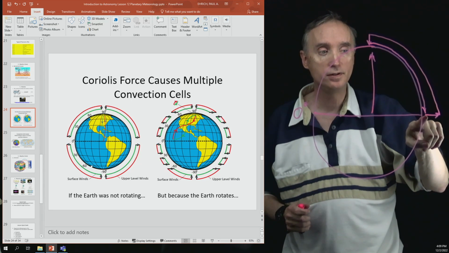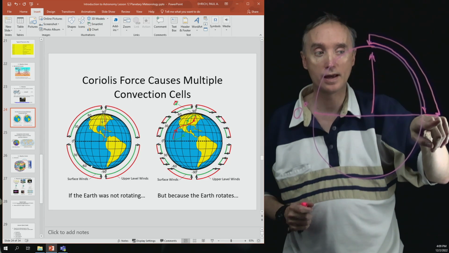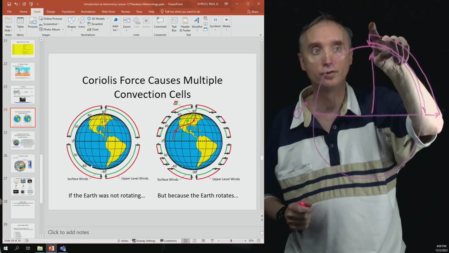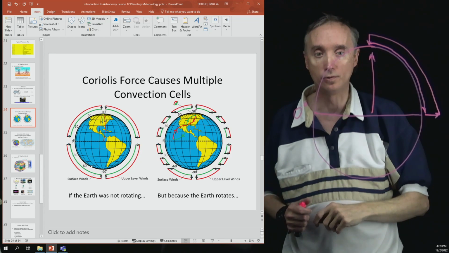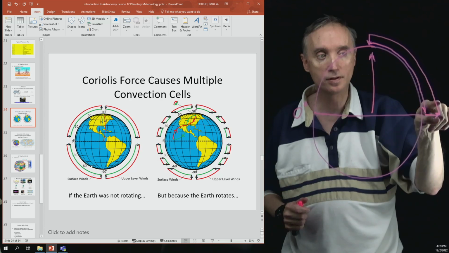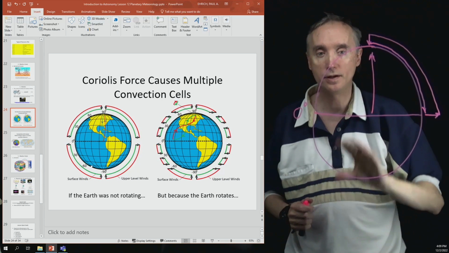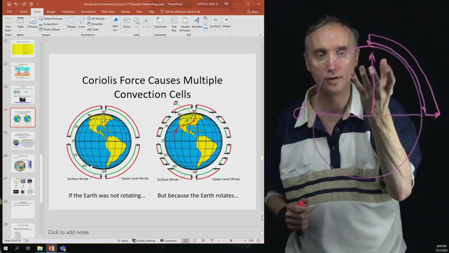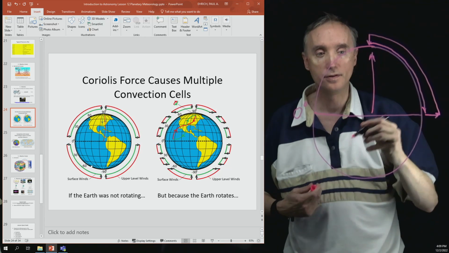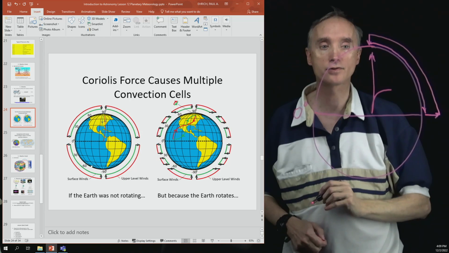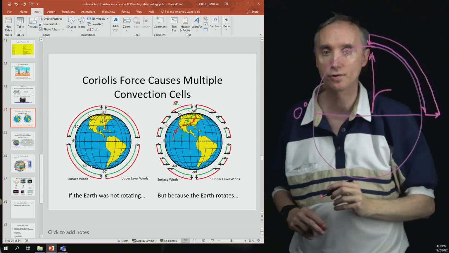So the air is still going to rise at the equator, and it's still going to start to travel to the North Pole. So again, this line over here is this line right here. But because of the rotation of the Earth, this wind system is going to turn in that direction, turn to the right.